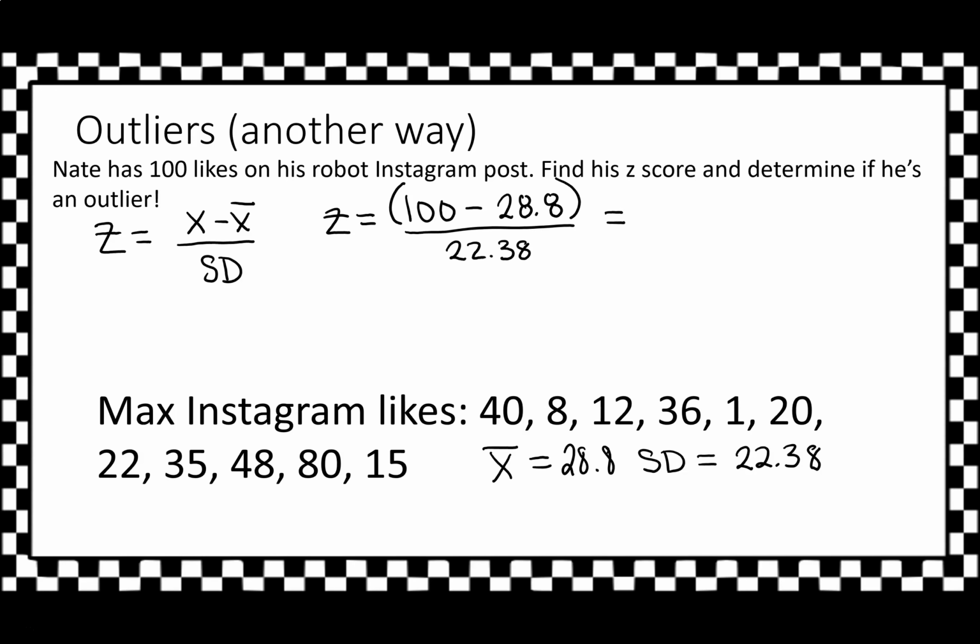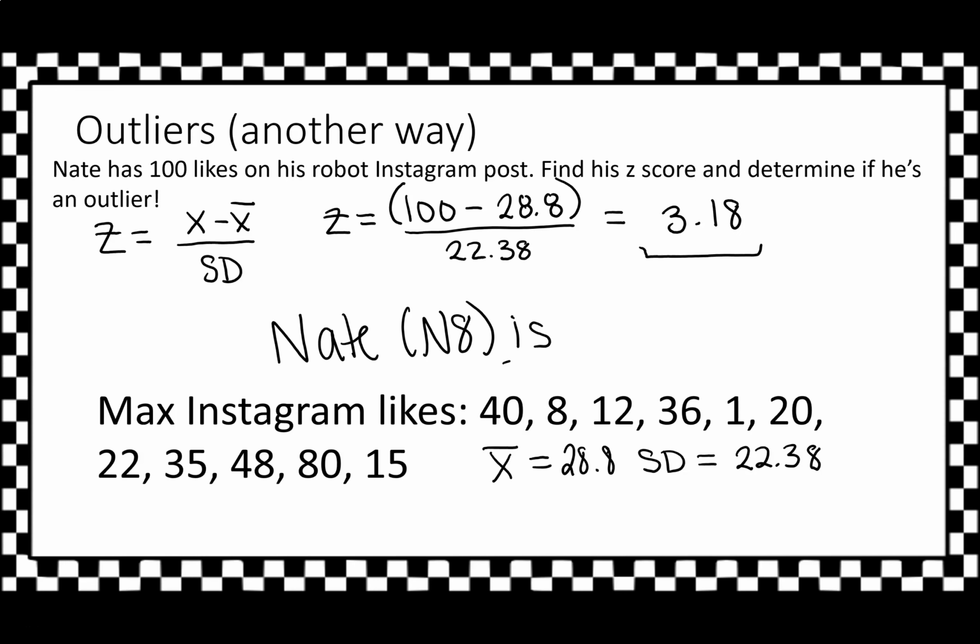Plugging that into your calculator, I find that Nate has a z-score of 3.18. So remember, you are an outlier if you have a z-score greater than 3 or less than -3. Because this is greater than 3, we can say that Nate the Great is an outlier.